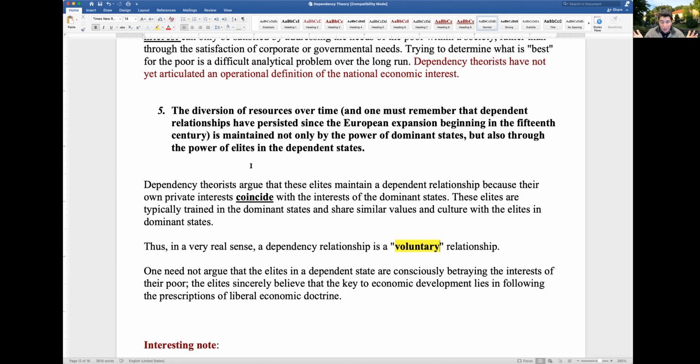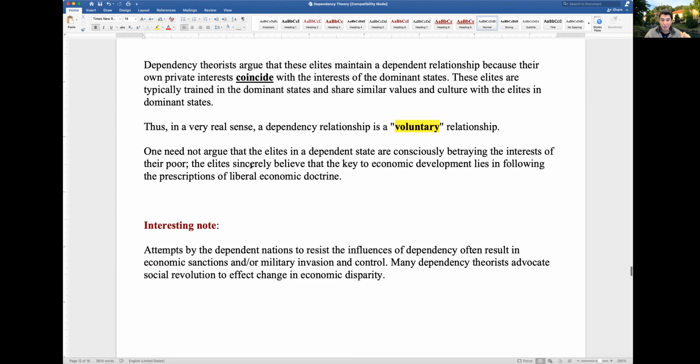Is that in the best interest of the country? Probably not, but that's not what these people in power have in mind. So in that sense, it's a voluntary dependency relationship, right?